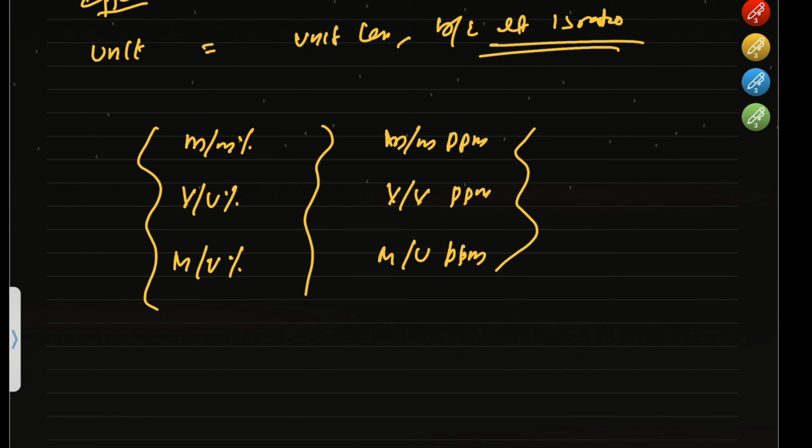All those formulas involved in percentage, we can also use in ppm.